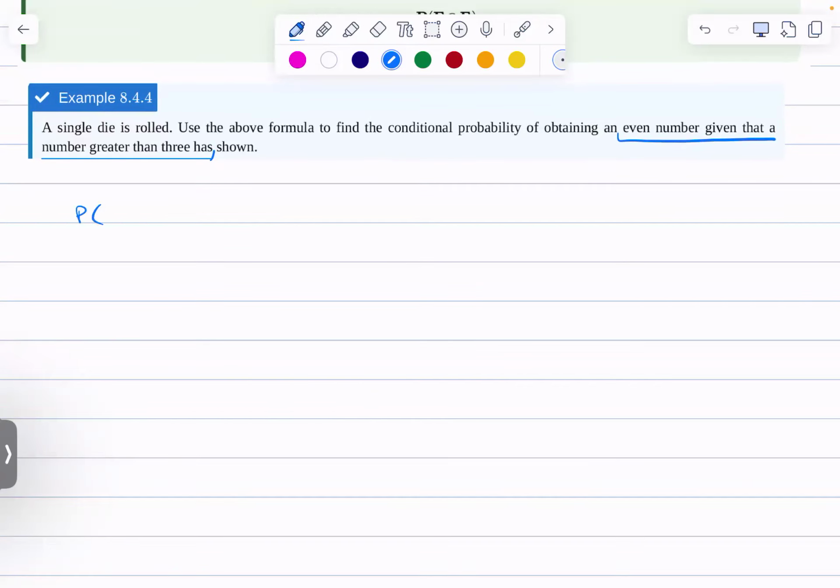So let's do some shorthand here. E can be an even number. And to match her formula, she uses F, so let's use F. F can be a number greater than 3.